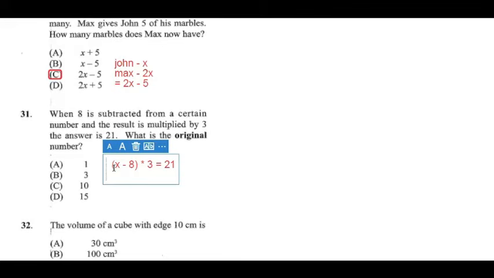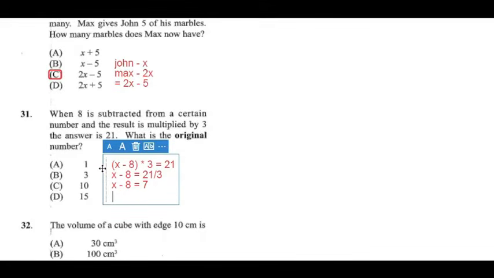Yes, that is our duty in math, to always solve x's problems. So it is now x minus 8 is equal to 21 divided by 3. Why divided by 3? The 3 was multiplying on the left side of the equation, so when it goes to the right, it will now be dividing. So it is x minus 8 equal to 7, as 21 divided by 3 is 7.